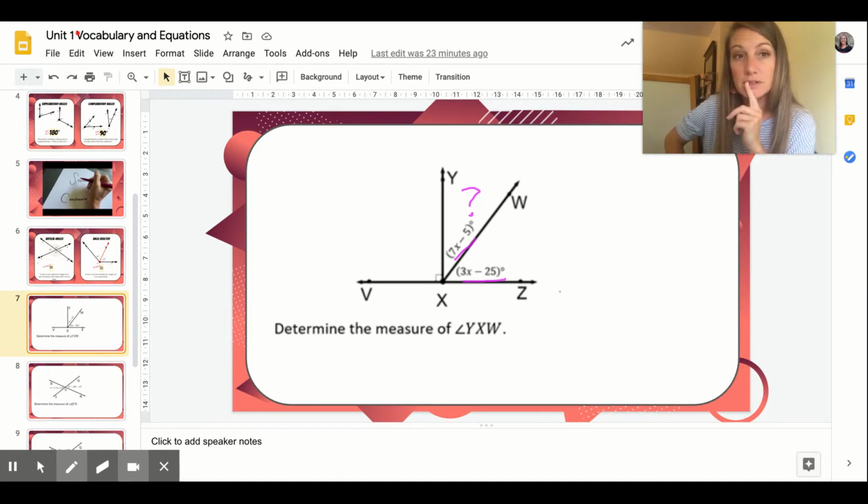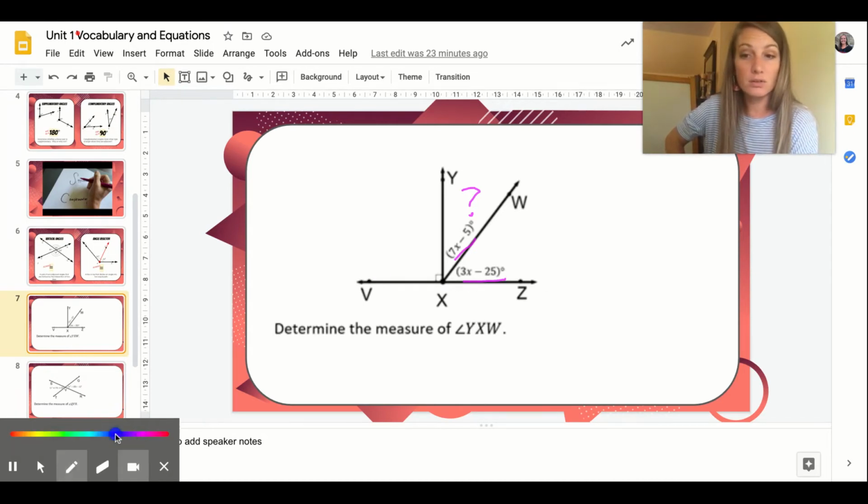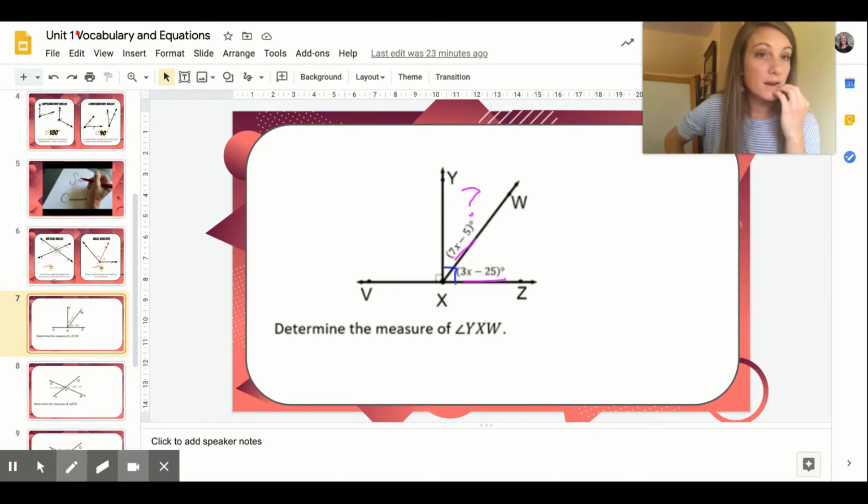3, 2, 1. If I know that this one is 90, so that means that YX and VZ are perpendicular, then I also know that this forms that right angle, which means that those two have to add up to 90 degrees.